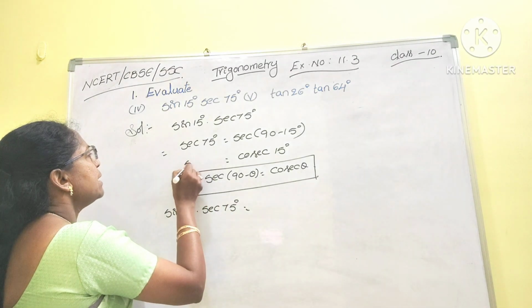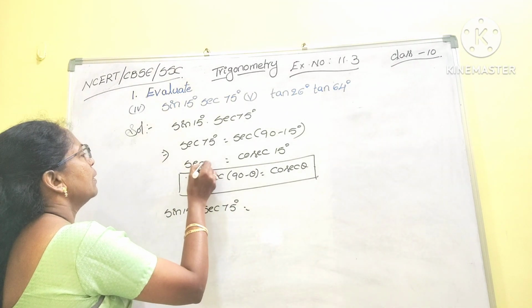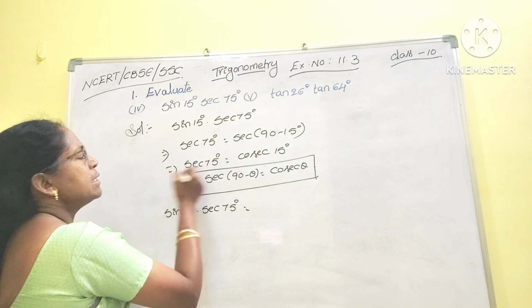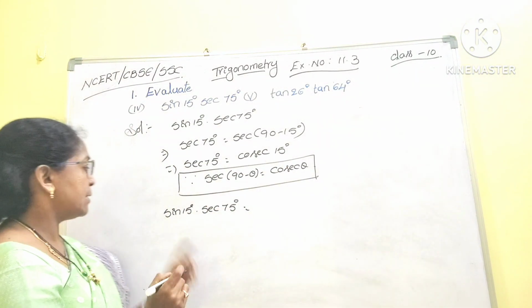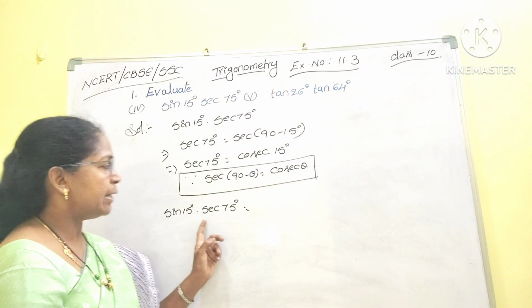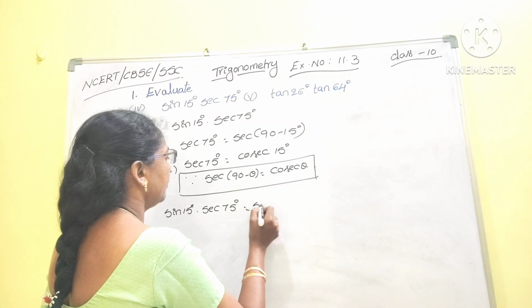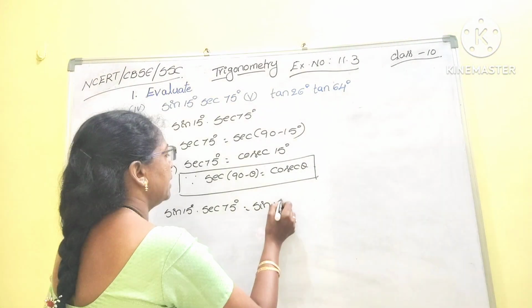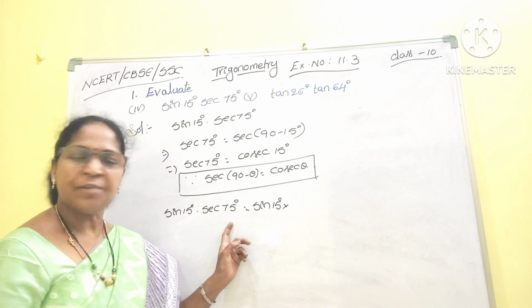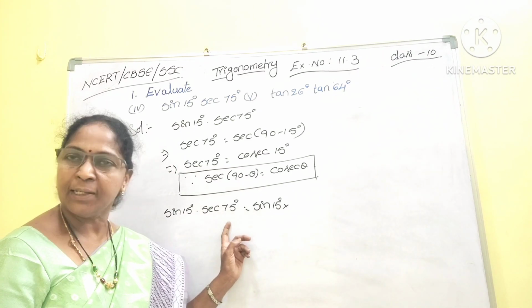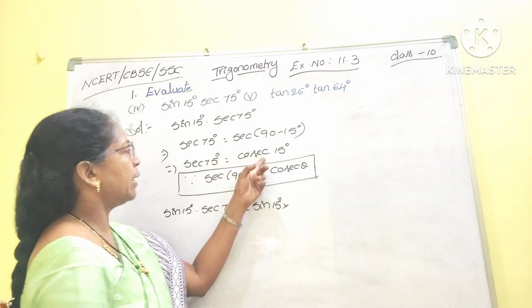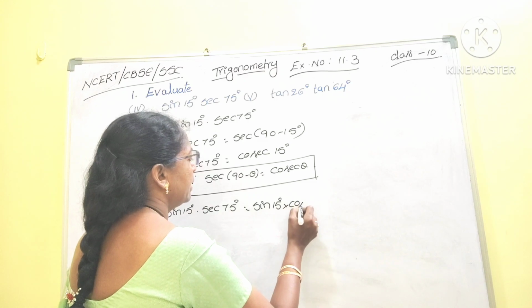Secant 75 degrees equals cosecant 15 degrees. Now the given question, sine 15 degrees into secant 75 degrees, equals sine 15 degrees into, instead of secant 75 degrees, you can write cosecant 15 degrees.